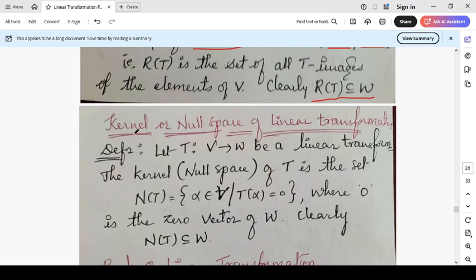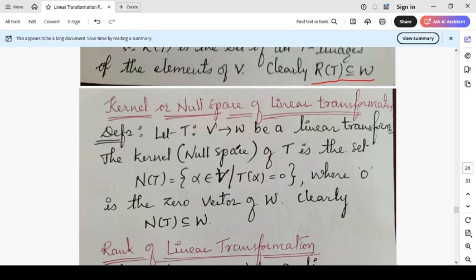So the next definition is the kernel or null space of a linear transformation. The same transformation we are taking: T is a mapping from the vector space V to W, a linear transformation.